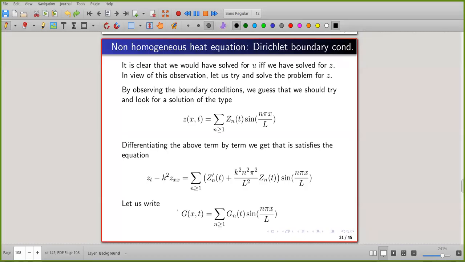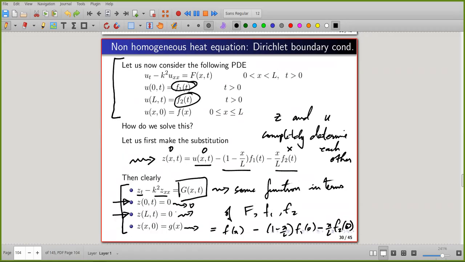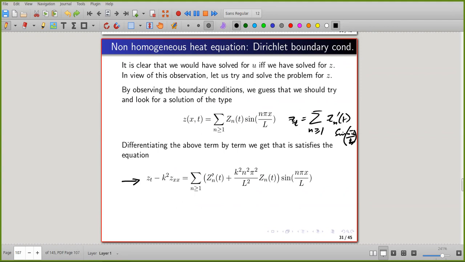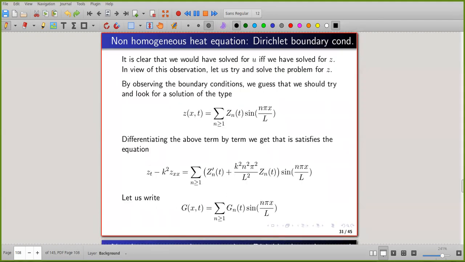So this g(x,t) was this function. What do I mean by this? These g_n(t)s are the Fourier coefficients, but now these are functions of t.